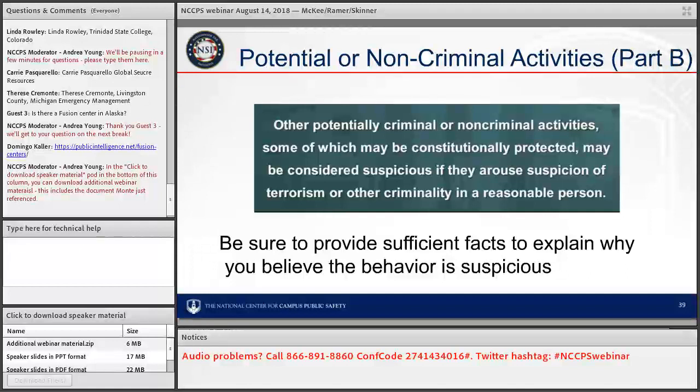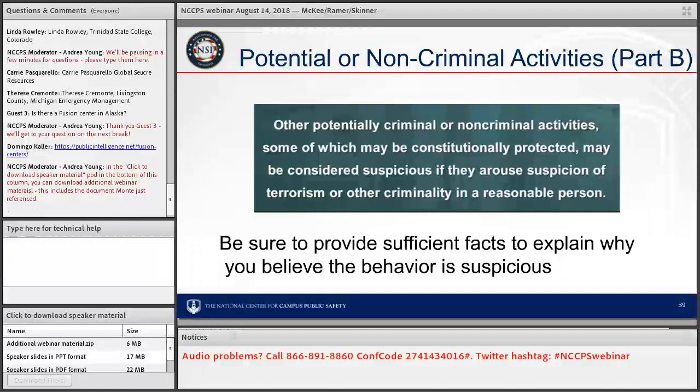Many of these things in and of themselves may not be, that they can be constitutionally protected activities. However, we want to ensure that they are looked at appropriately, and in the event that there's articulable concern that they could be an event associated with pre-operational planning for terrorism, that they generate a report.